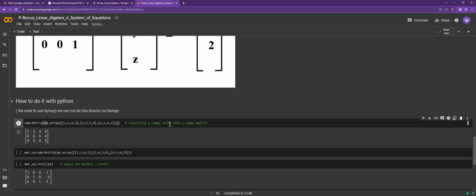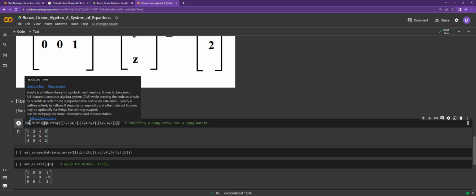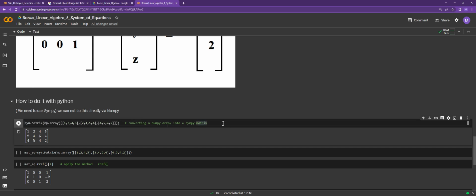We use the sympy.Matrix function. This function takes in a NumPy array and converts it into the associated matrix.